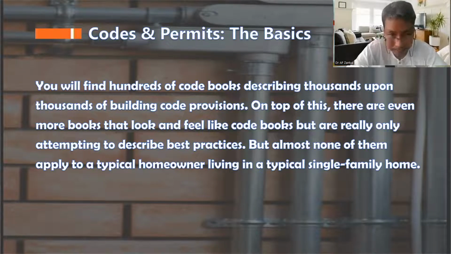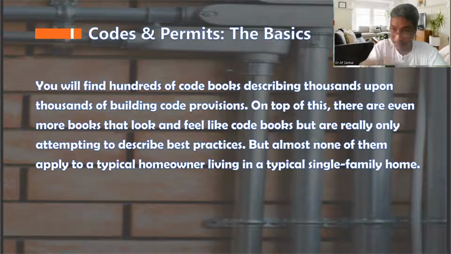If you look at any code, a code looks like a law or looks like an IRR. It is similar in format, and as a reader of the code or the law, you can feel the same whether you are reading a law or a code.